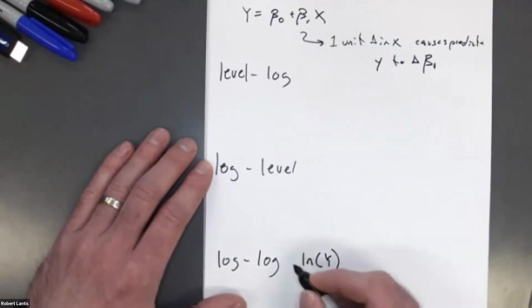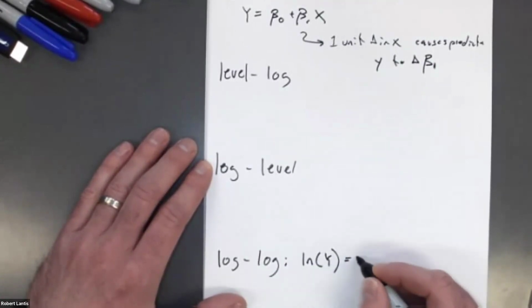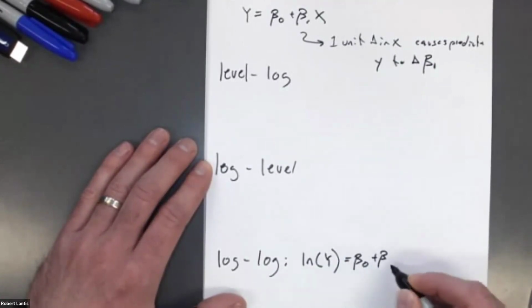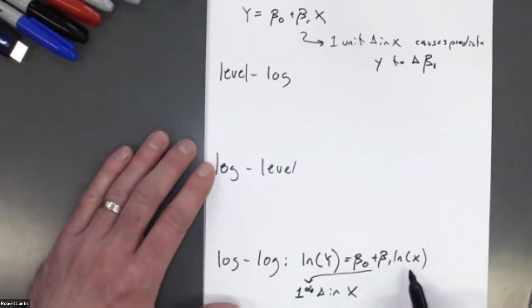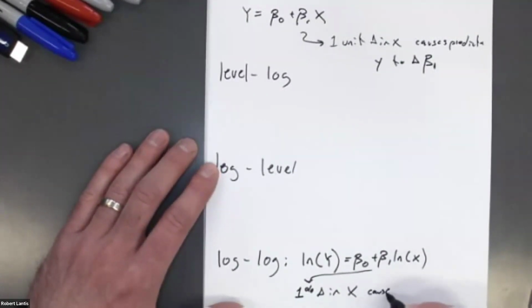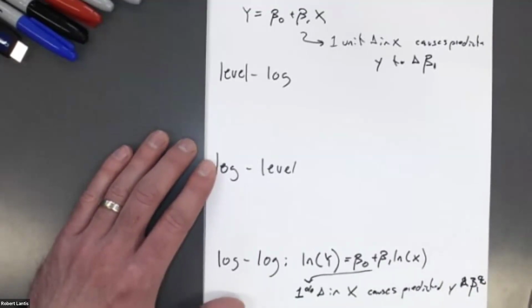Now, the one that's also, I think, maybe not quite as tricky is this log-log model. We're going to use the natural log of Y. We're also going to use the natural log of X, right? We said that makes the interpretation of our coefficient a 1% change in X causes our predicted Y to change by beta 1%, right?